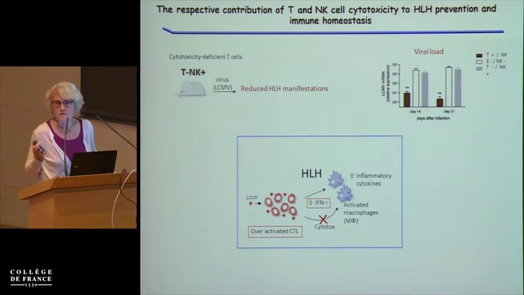And thus it appears that the two types of cytotoxic lymphocytes, natural killer cells and T lymphocytes, both participate in the maintenance of immune homeostasis, but their roles differ.